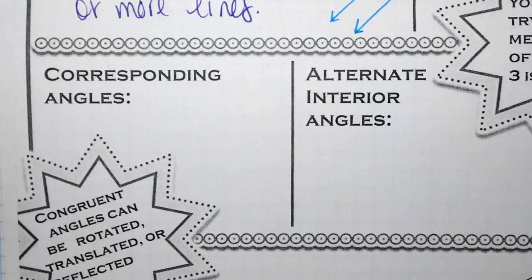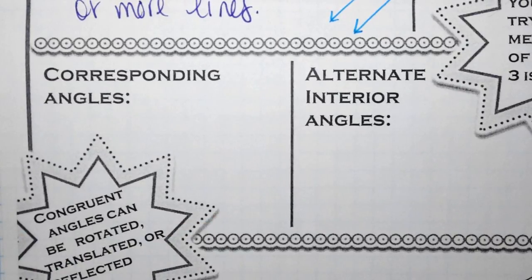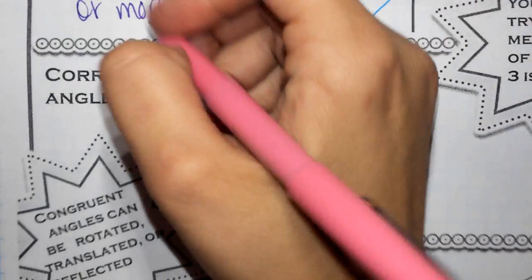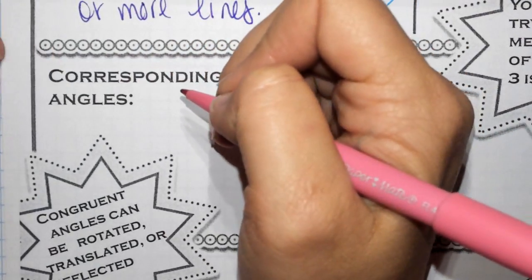Kind of. All right, so corresponding angles. What do you think the word corresponding means? Your answers are great, but they're wrong.